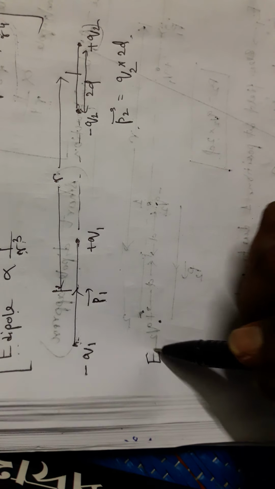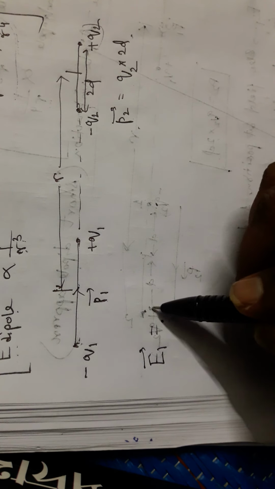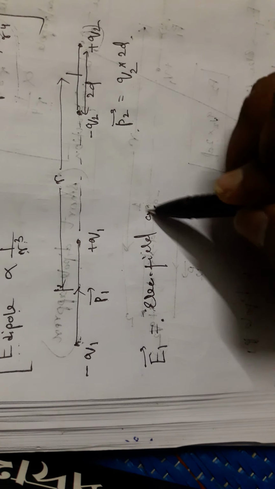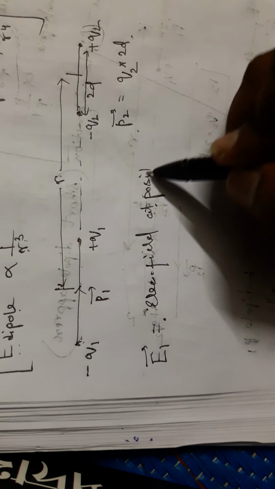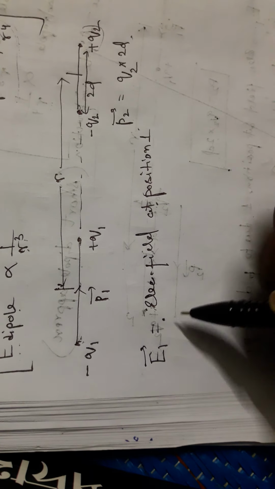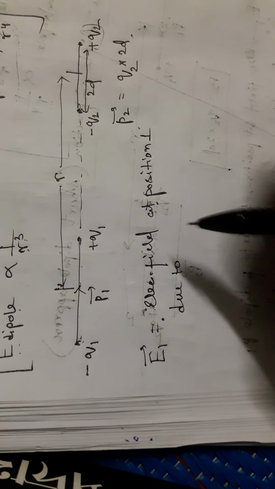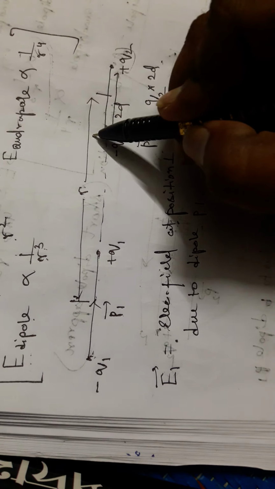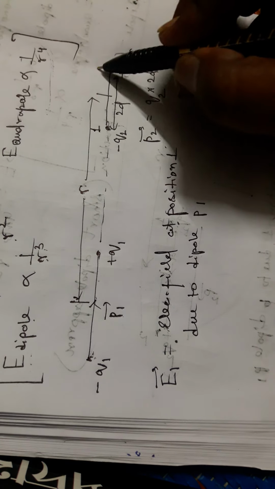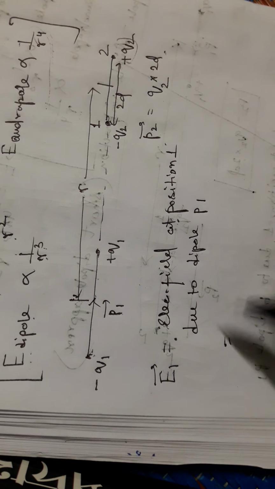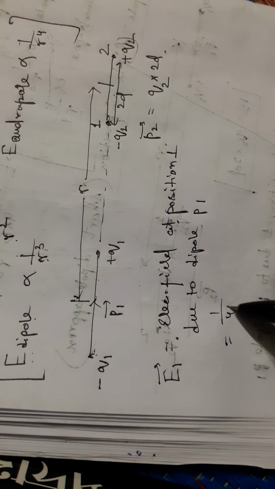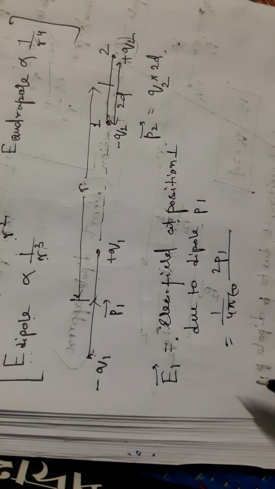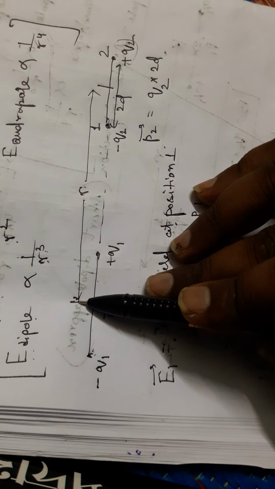Now E1 means electric field at position 1 due to dipole P1. Suppose this is position 1 and this is position 2. So this will be equal to 1 by 4 pi epsilon naught 2p1 by r cube. Now what is the distance from here?